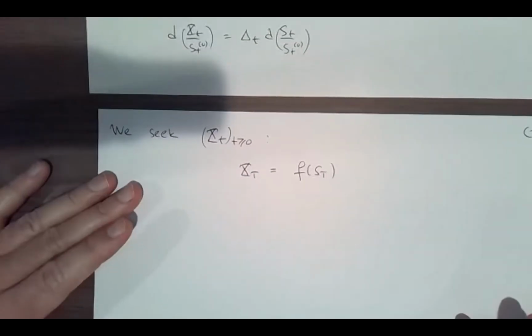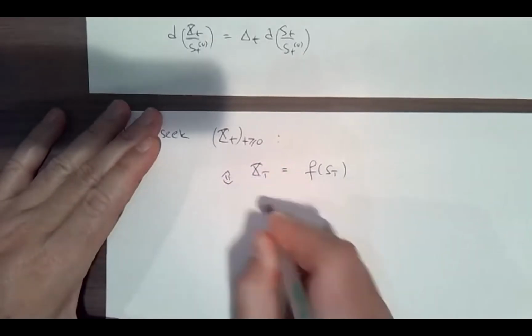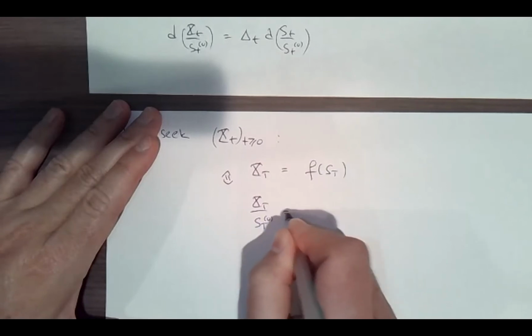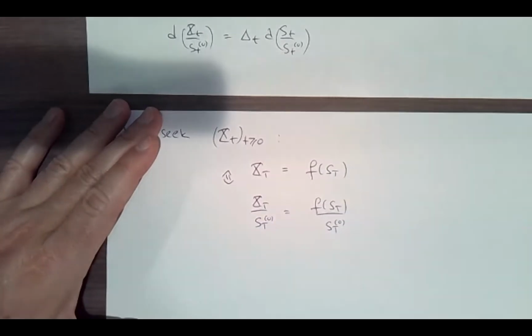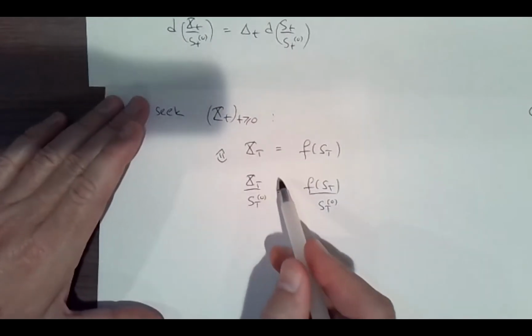Okay, so now we only use martingale theory, so we're going to discount. If I want this to be true, I can discount by the money market account. And then I can use this as a martingale.